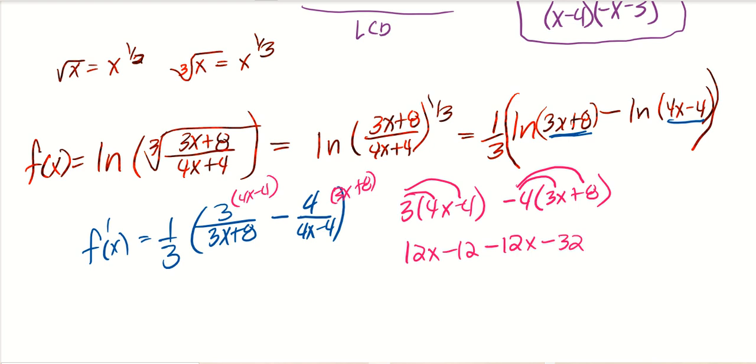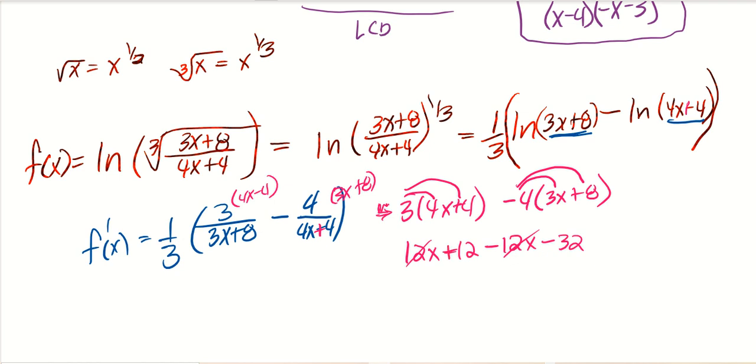Now, all of this is in the numerator. So 12x and 12x is going to cancel out. And then that'll leave us with, oh, Miss Parker, that's supposed to be a plus. So that's supposed to be a plus, and this is supposed to be a plus.